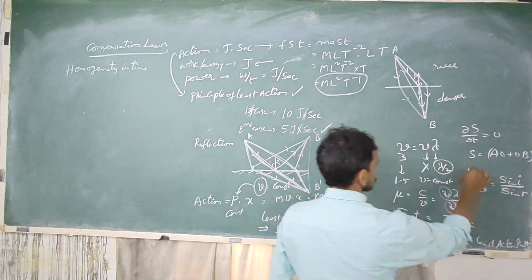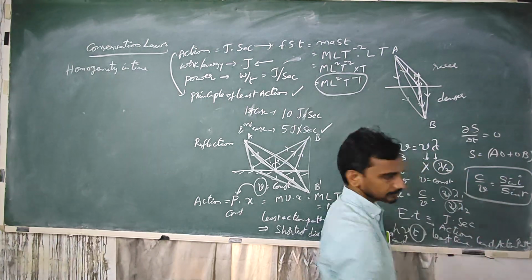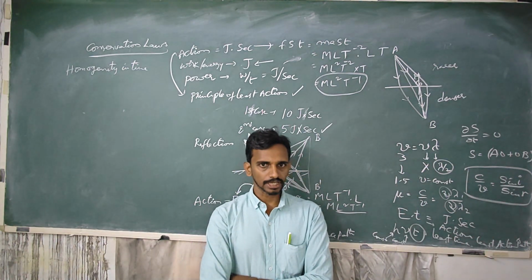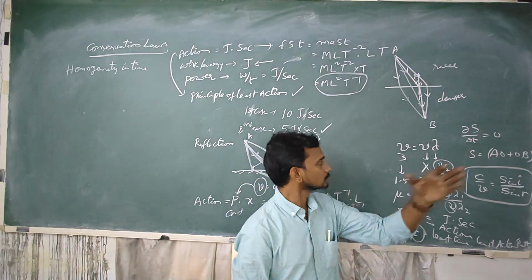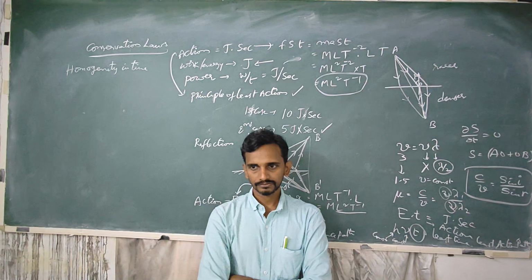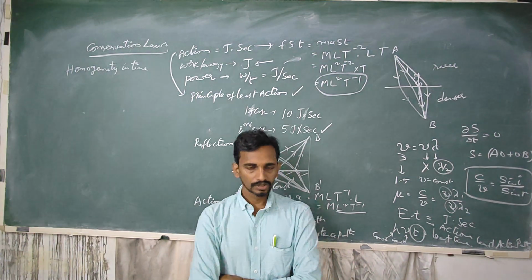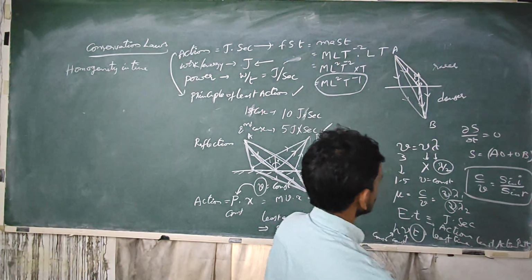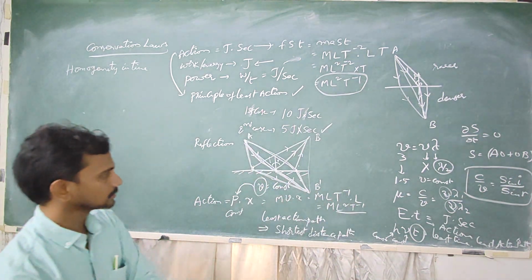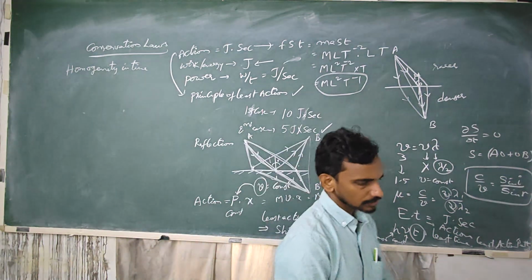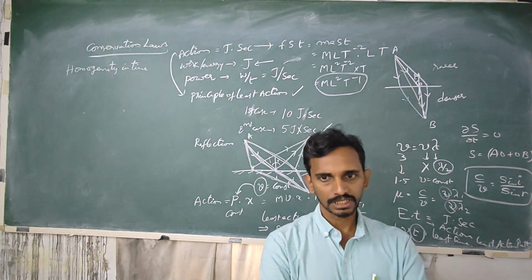So you will arrive at that condition. So the shortest time path now coincides with Snell's law. So that is the situation. That is how this principle of least action controls every physical activity.